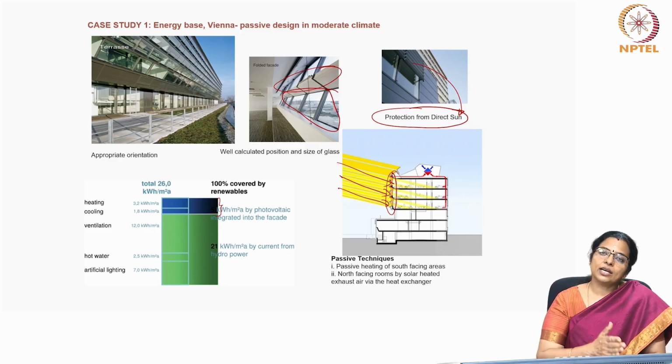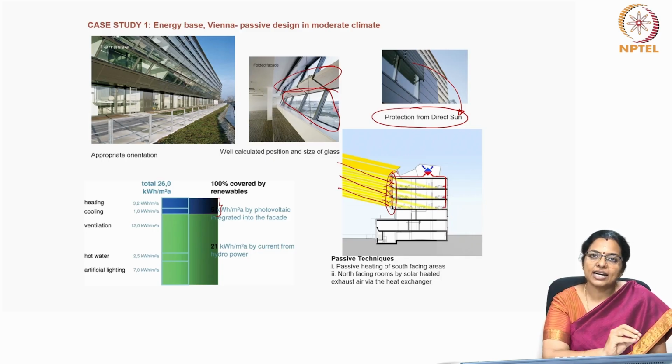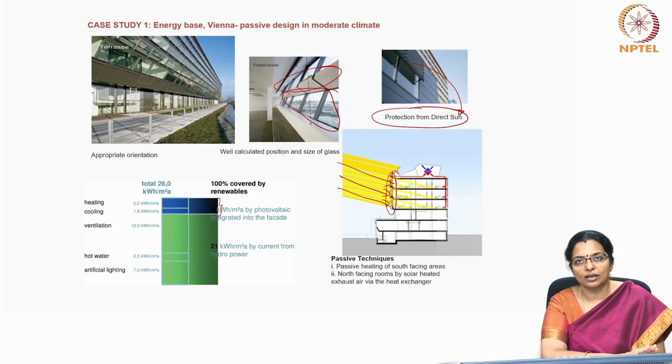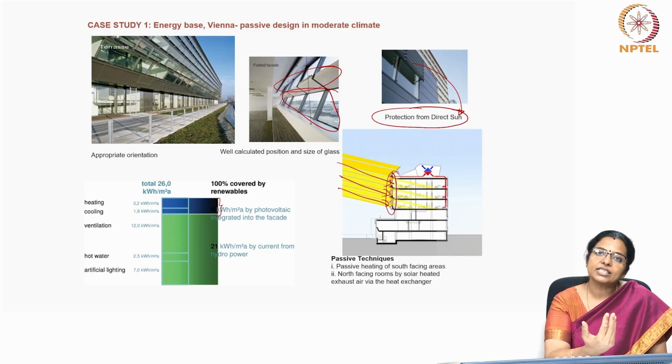We have seen the simple passive techniques used in various climates in a very brief manner. It is more like a demonstration of, for example, orientation. How orientation as a principle is used for energy efficiency we have seen already, but we have seen for what climate type, what orientation is best.